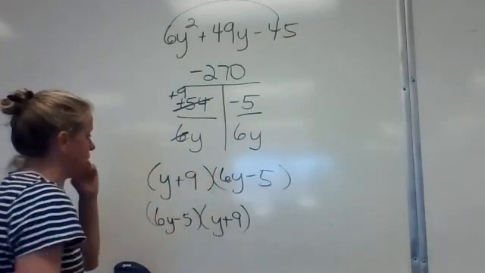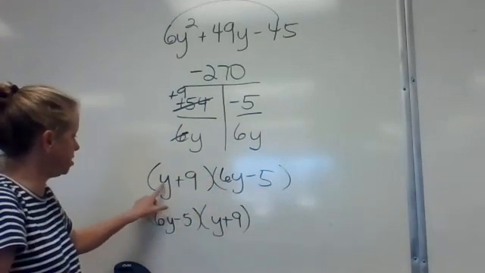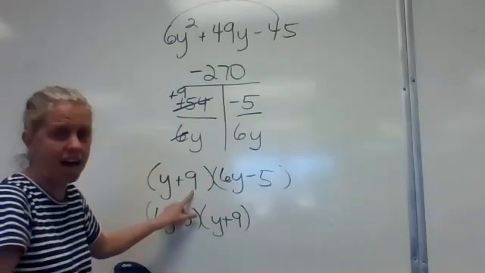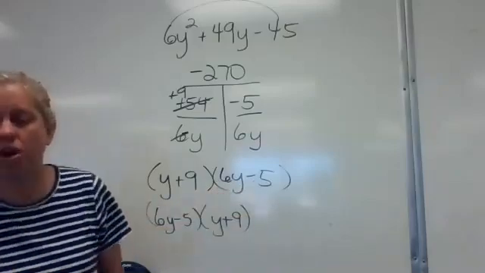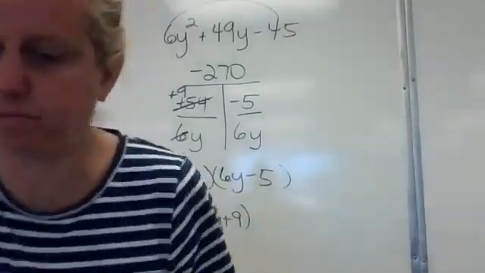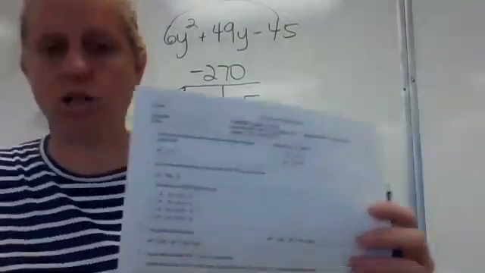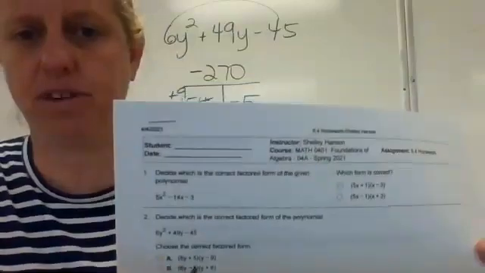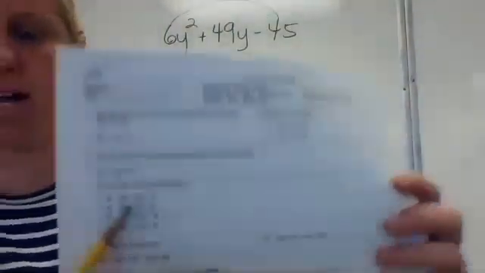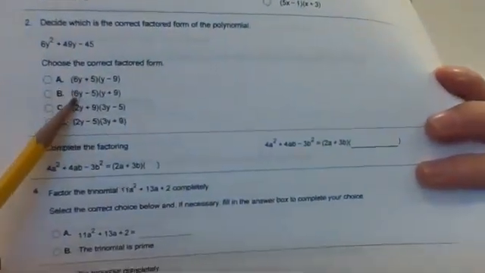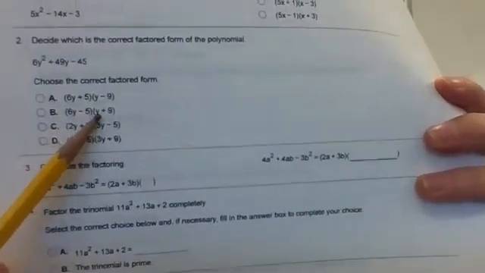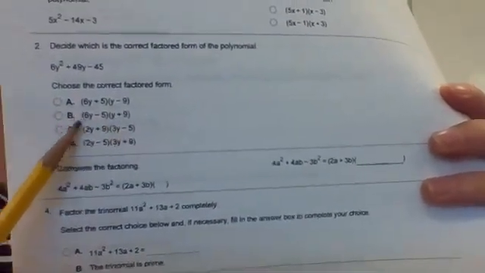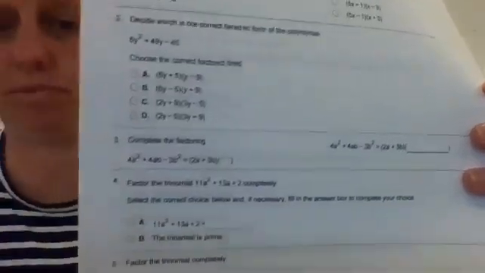It doesn't matter which way those are. It's just that there has to be a y with a plus 9 and a 6y with a minus 5. So that's what you're looking for. 6y plus 5. Now I need 6y minus 5. So there's my 6y minus 5 and my y plus 9. So that's why it would be this B one.